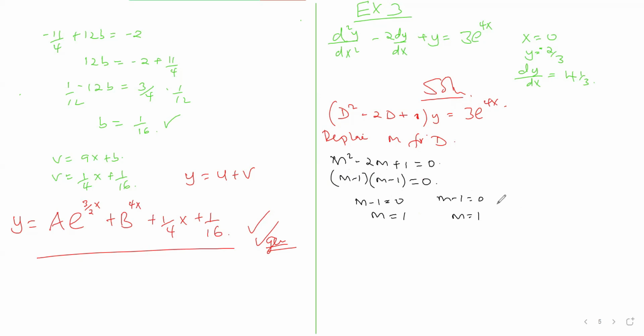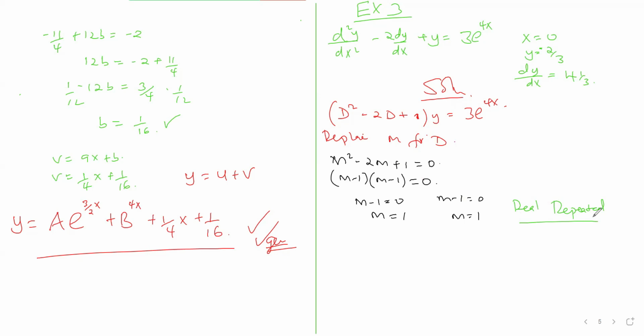So what do we say about this? Your roots are real but repeated. They are real and same. Okay, I'll just say real and repeated. And how do you write the function when your values are being repeated?